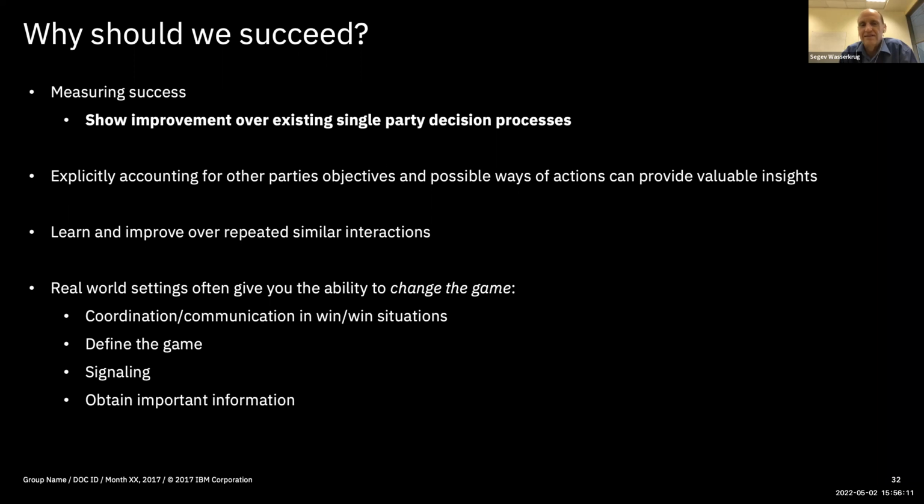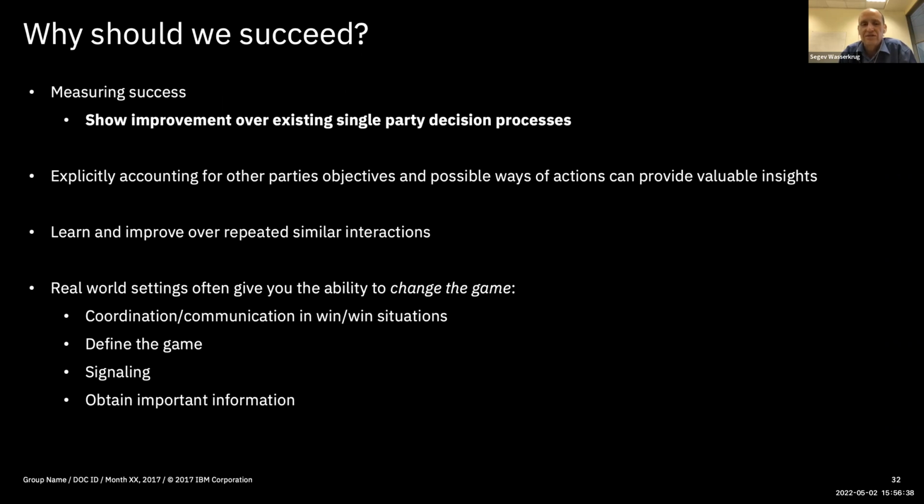But at least it may give us more hope in meeting it. The other point is that even just considering the other party's objectives and possible ways of action can already provide valuable insights. Even thinking about whether I want to take this into account, and what to take into account, gives tools to compare what decisions I would make if I don't take those into account.